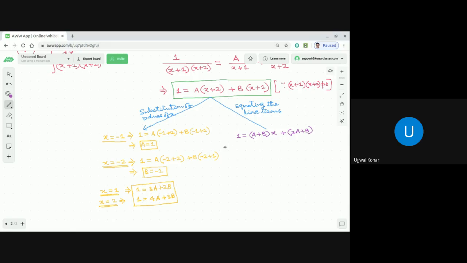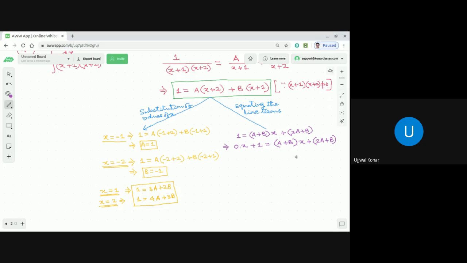So we can write 0 into x plus 1 is equal to (a plus b) into x plus (2a plus b). Correct or not?